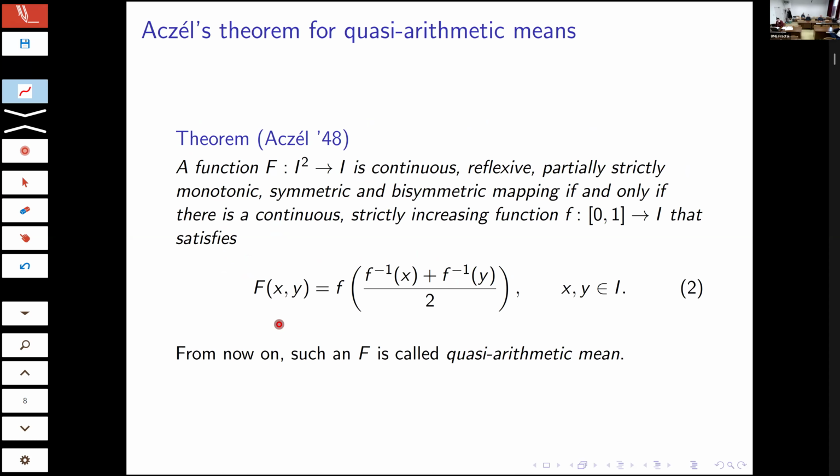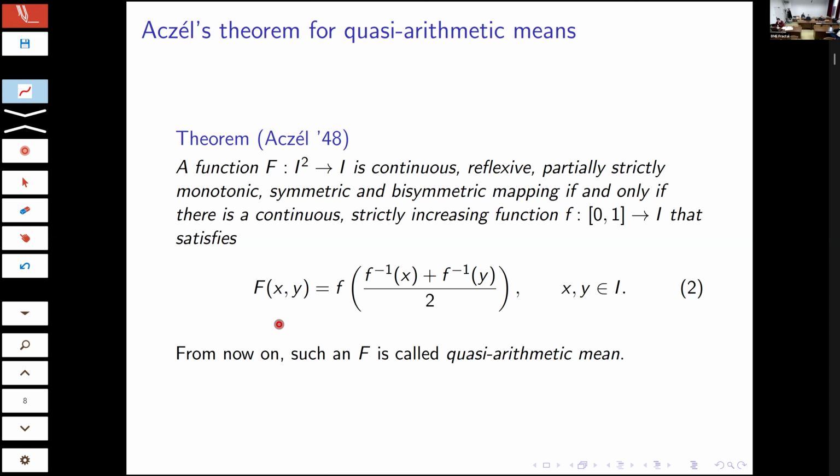So I don't know, maybe 5 years ago, I met Paul Gray at a conference, and we started to talk about this. He gave a talk on this type of expressions where continuity is not assumed, nor partial strict monotonicity, but some bijection was assumed, and what kind of properties it has. Later on, we talked about this theorem and asked which property we can avoid.